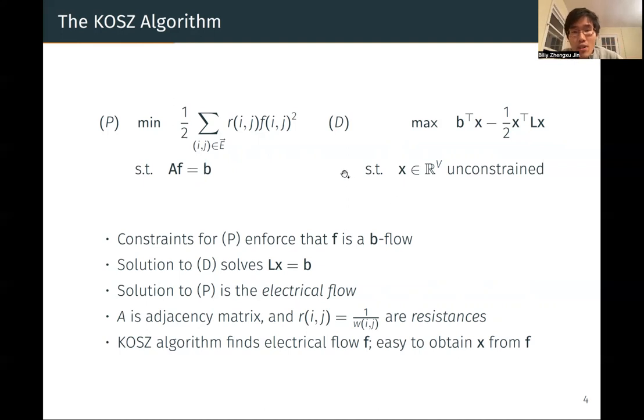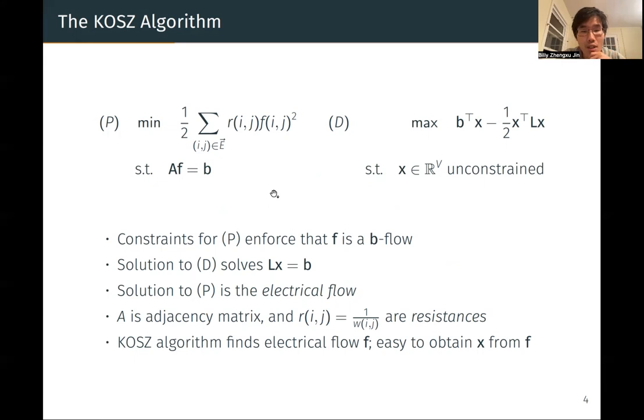Now, the dual of this problem is this primal problem here, where the variables are f. The constraints of this problem enforce that f is a valid b-flow of the graph. So what does that mean? Well, A is the incidence matrix of the graph G, and so Af equals b means that the flow flowing out of every vertex of the graph is equal to the value of b at that vertex.